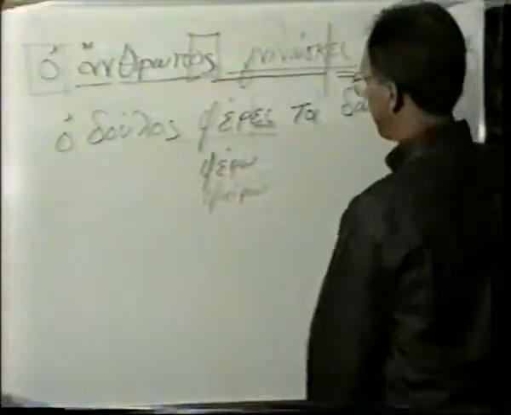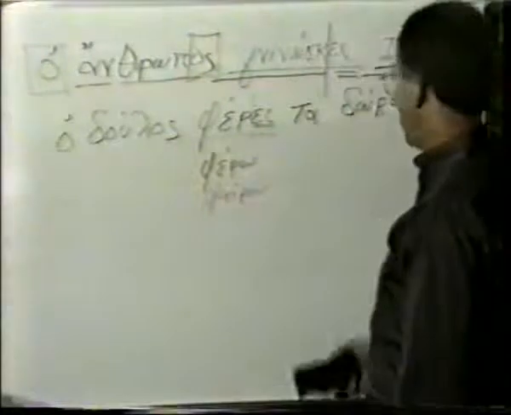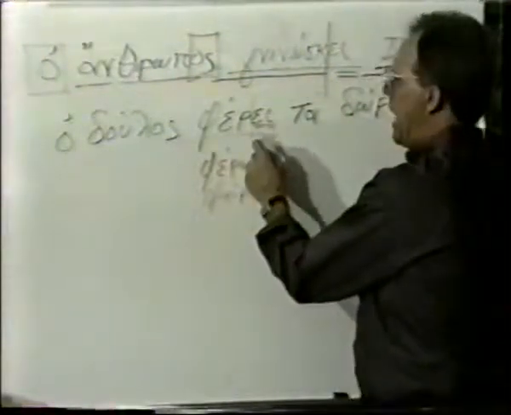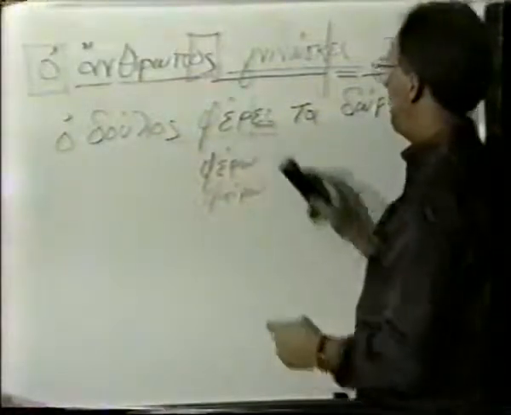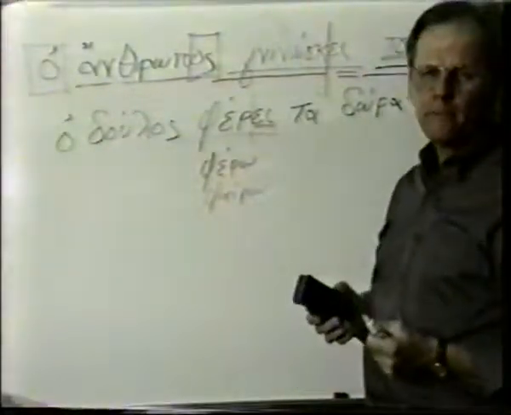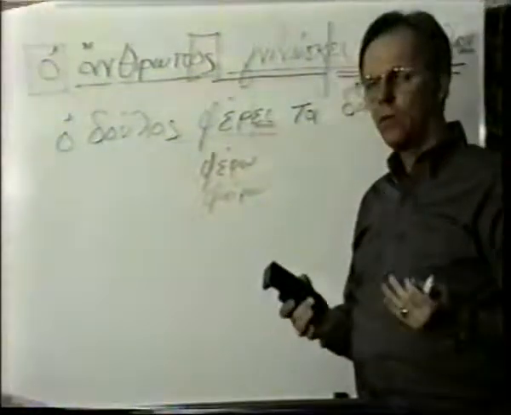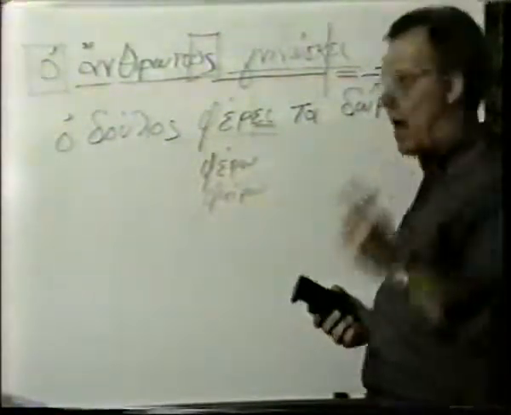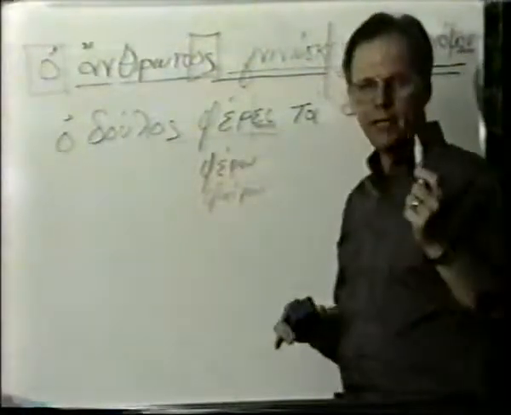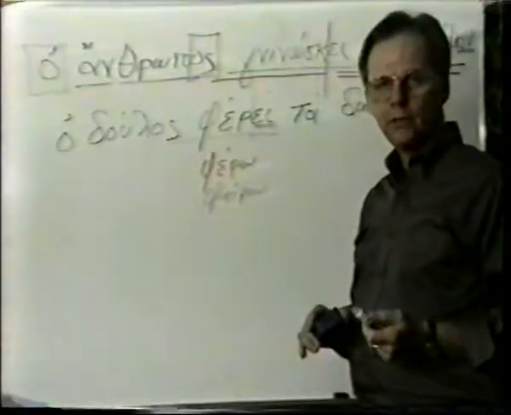Now, we have a singular noun and a plural noun. Could this verb here be referring to this plural noun? And if not, why not? Primarily because we know that this verb is singular and it is third person.